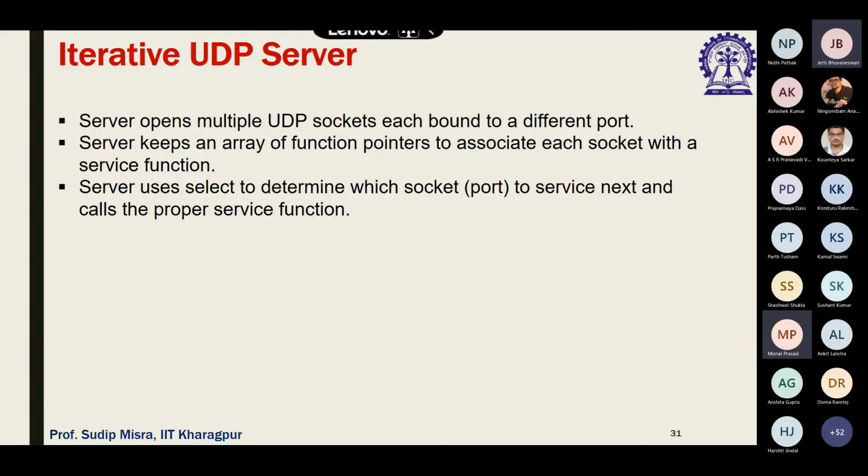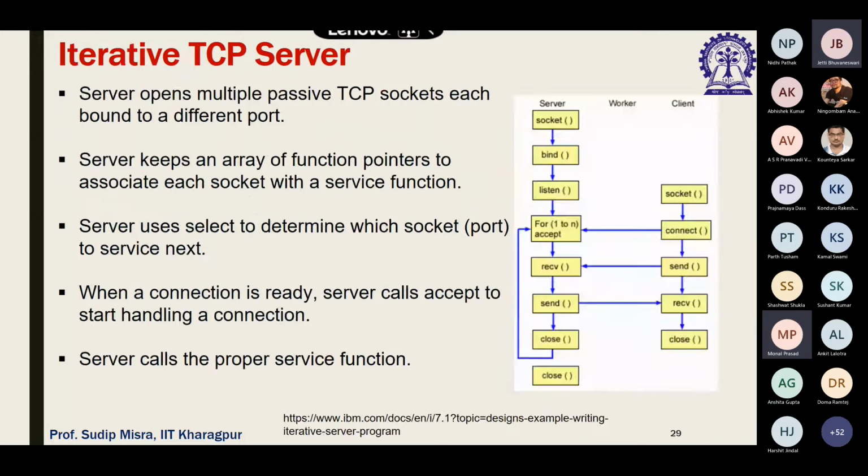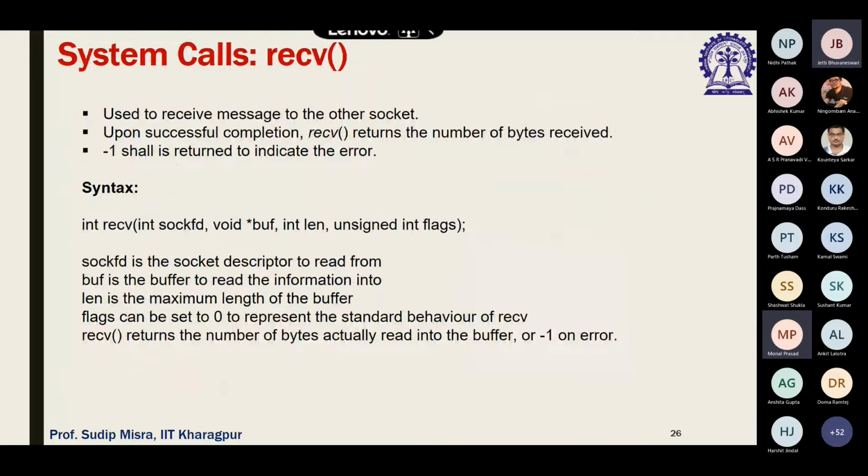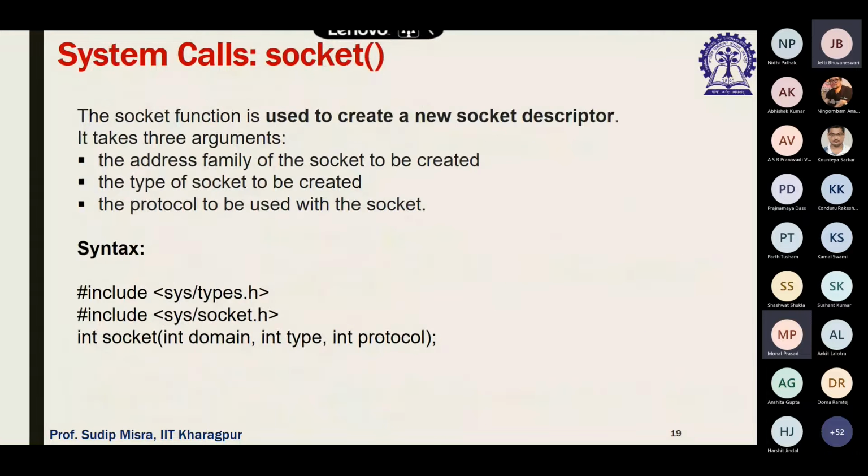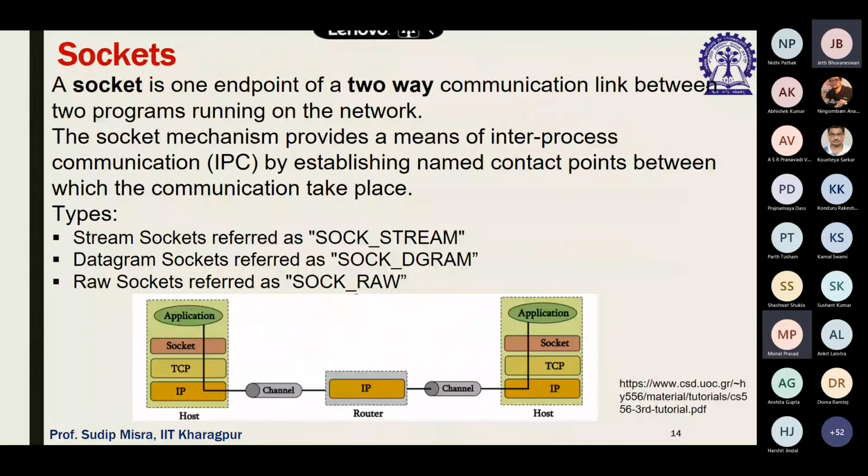And what did I tell you? There are how many types of socket? 3 socket types, right? Do you remember what these 3 socket types are? The first type is sock stream, which is basically for the stream sockets.